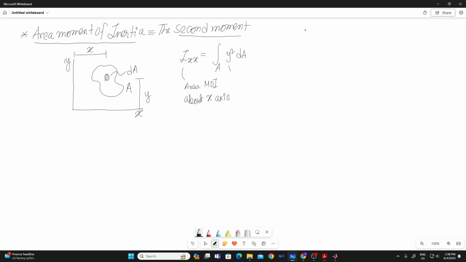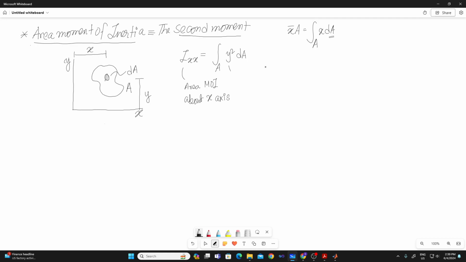In comparison, when we are trying to get let's say the x bar of a given area, this is what we would do. We would take the first moment. Moment of what? Of course the differential area, but this time the coordinate is squared. So that's why this is called a second moment.